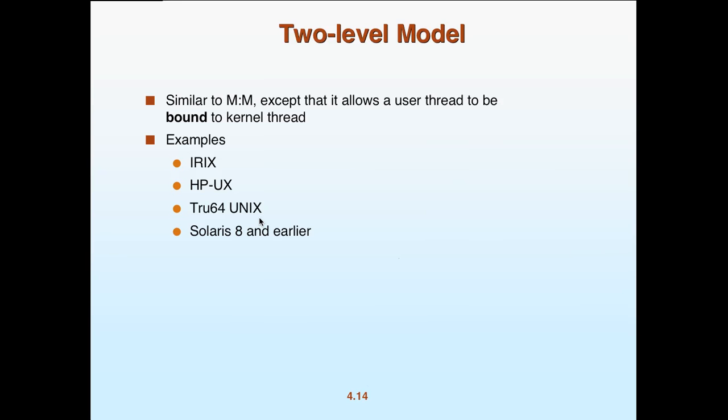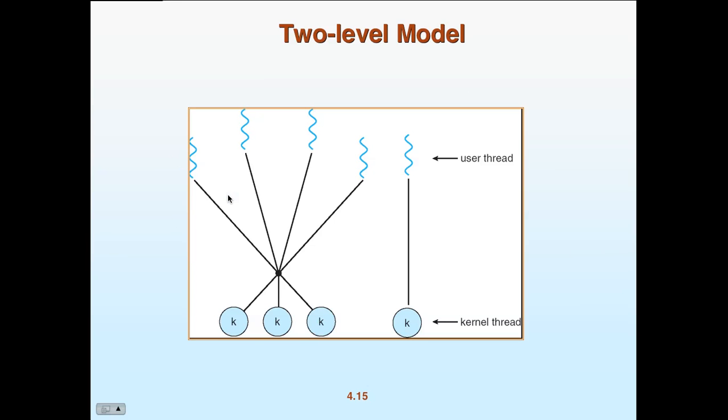I believe that HP-UX still does a two-level model of many-to-many thread mapping, which makes it different. So if you've wondered why Solaris is different from IBM's Linux versus HP Unix, the thread models are significantly different, so are the uses of processes, so is the CPU scheduler, and some of the other internals of the kernel itself.